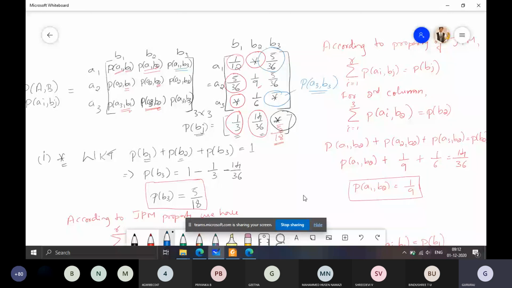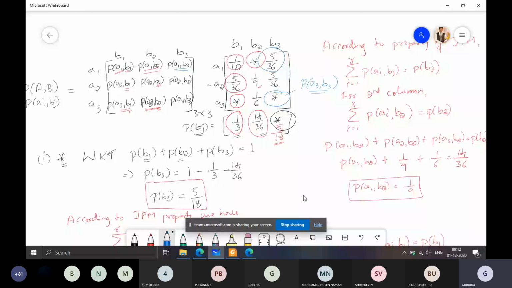That is why I told you to remember the properties, otherwise it is very difficult to solve the problem.